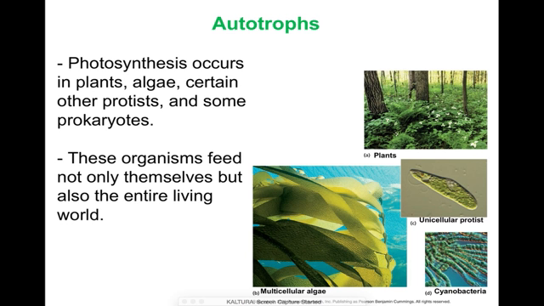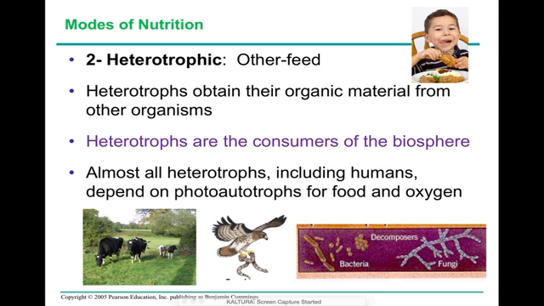These are all autotrophs. Coming to heterotrophs, they cannot make their own food, so they have to depend on others. People, animals, vultures, fungi, and bacteria which cannot synthesize their own food, such as E. coli, Staphylococcus aureus, MRSA, they're all heterotrophs.